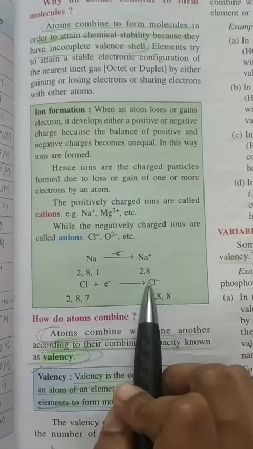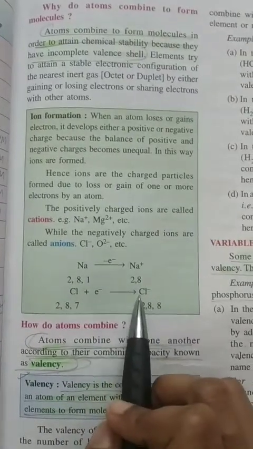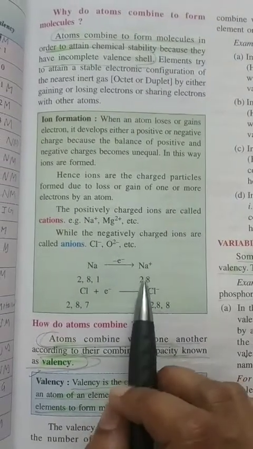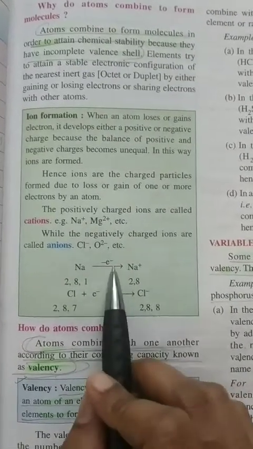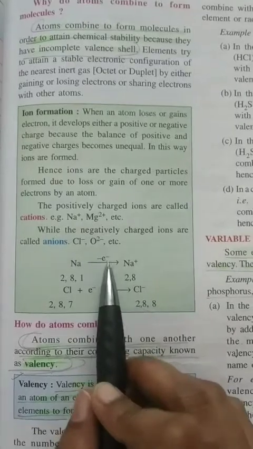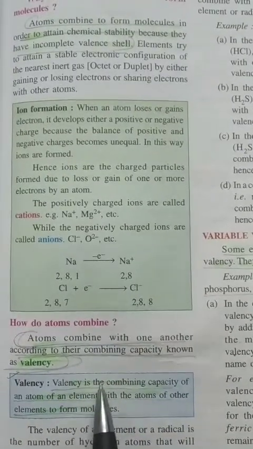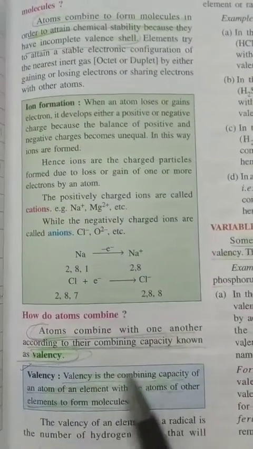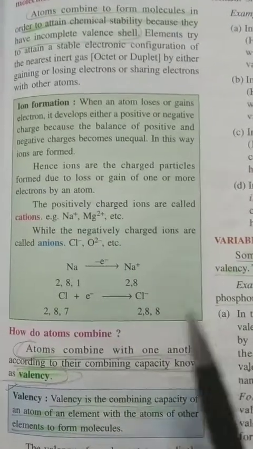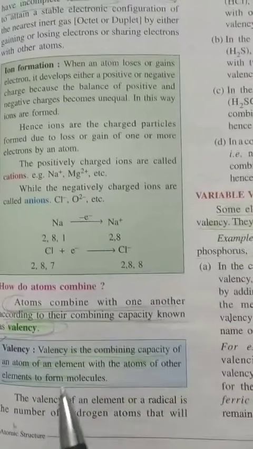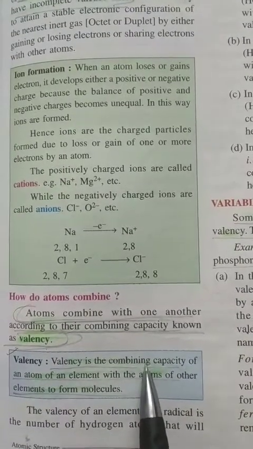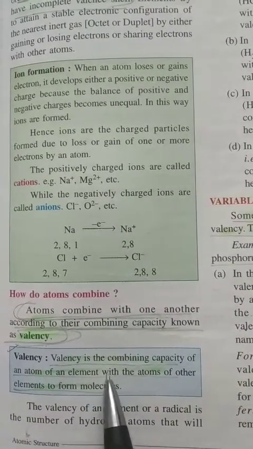What is the compound? The common salt which we eat, right? So this is how both of them have combined. So basically this is why we say valency is the combining capacity of an atom. Okay, this is how with the help of valence electrons they combine, right? So valency is the combining capacity of an atom or of an element.